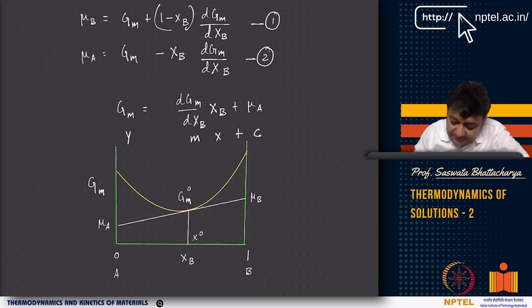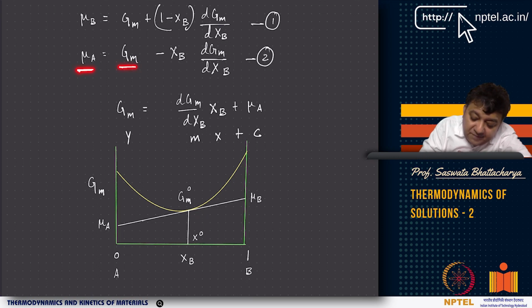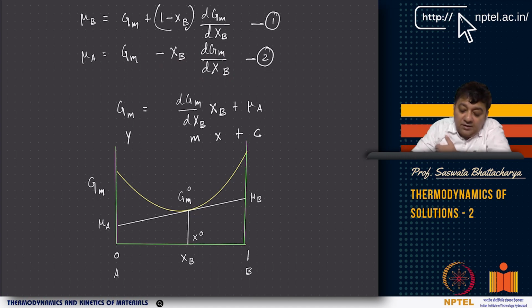From this relation, mu b is Gm plus (1 minus xb) dGm dxb, or mu a is Gm minus xb dGm dxb. So from this you can write Gm equals dGm dxb times xb plus mu a.